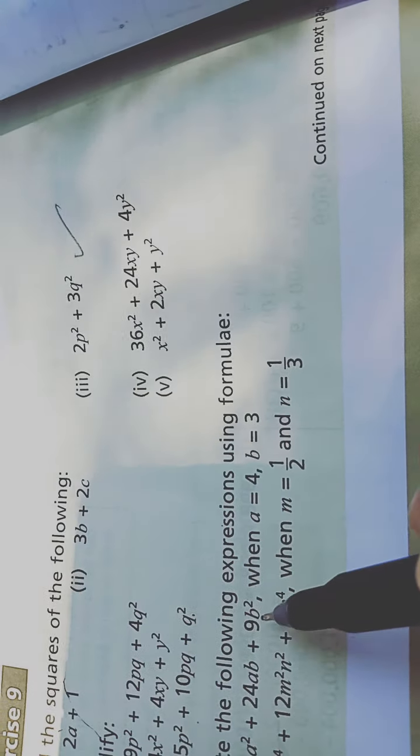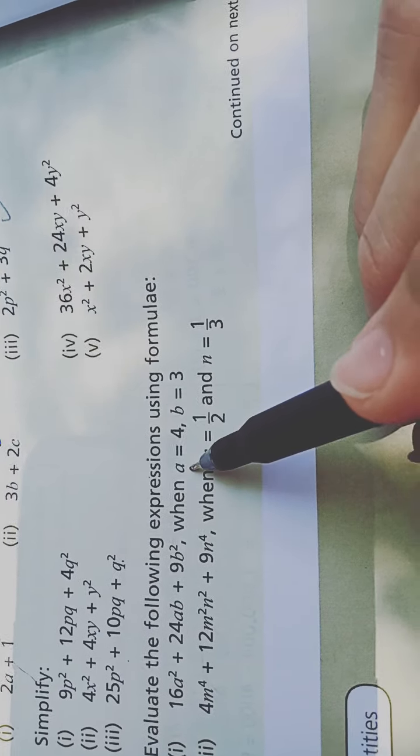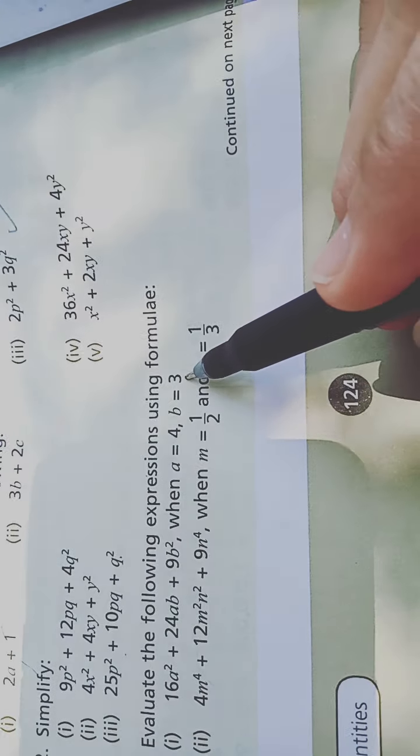You have to solve this expression using the formula. To solve this question, after converting that into the formula, you have to write 4 at place of a, and where it is b, you have to write over there 3.